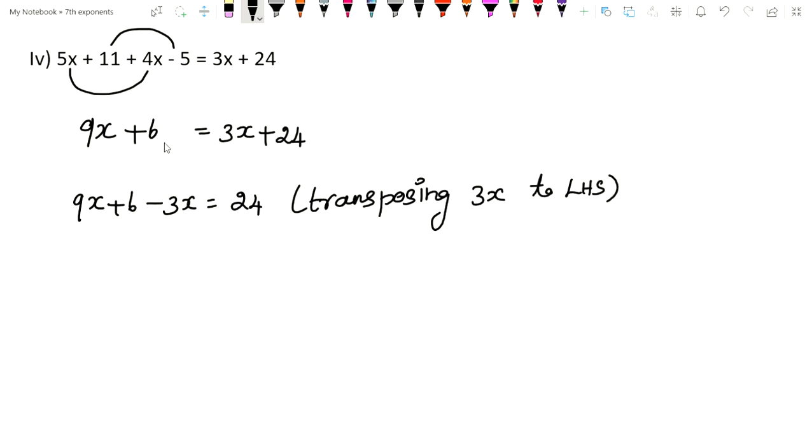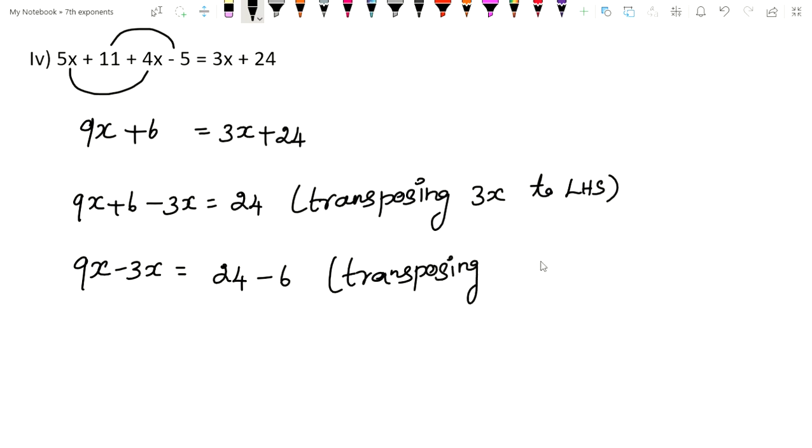Next, this constant term I am going to bring to the right hand side. So 9x minus 3x equal to 24. The plus 6 will change to minus 6. What I did here? Transposing 6 to RHS.